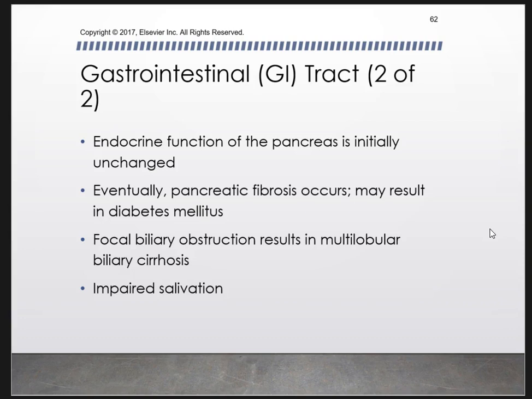Obviously, if we're thinking about the pancreas and we've got ongoing issues with the GI involvement here, it's possible that diabetes can occur.